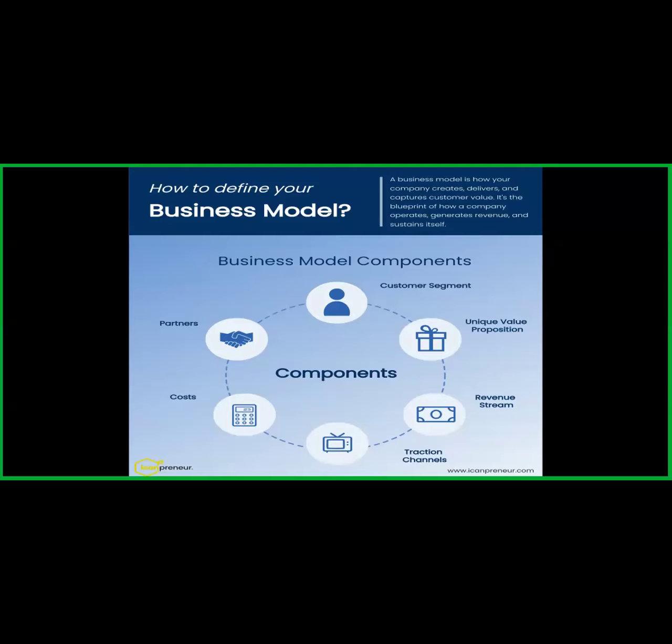Similarly, if you have an idea that you want to manufacture diapers for adults, then your customer segment will be, it is not used by the children, it is not used by the young people, but it is to be used by adult, old people.